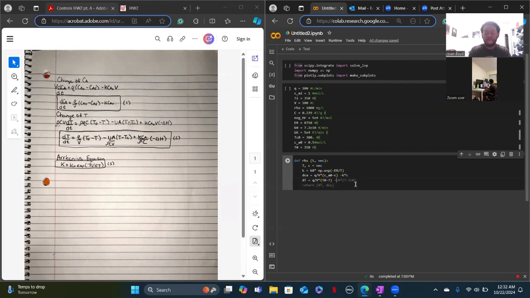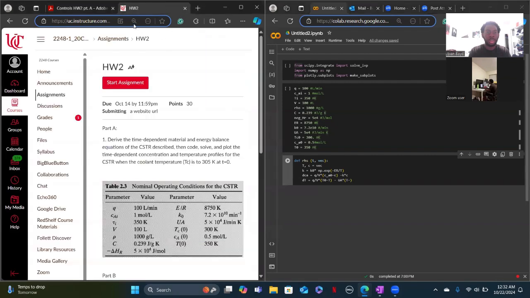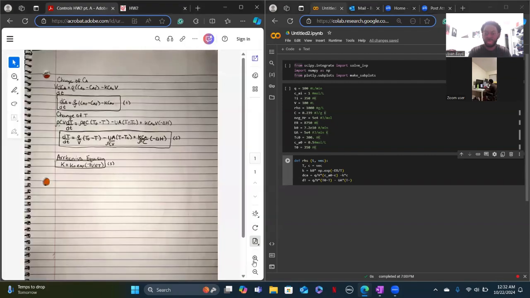Then we set this minus our heat transfer coefficient times the area, so UA, times our temperature minus the coolant temperature. So we know from our prompt that is 305 Kelvin, and then we'll divide this all by our density, which we have stated as rho, times our specific heat, and times our volume.